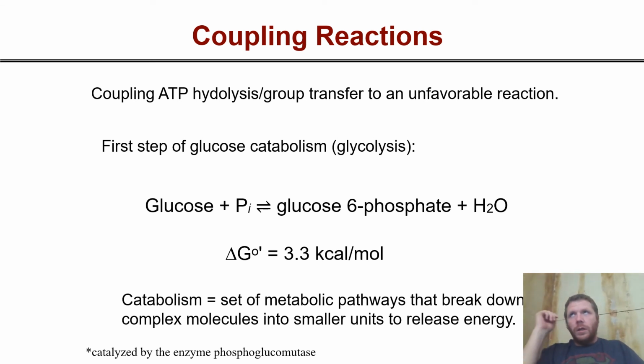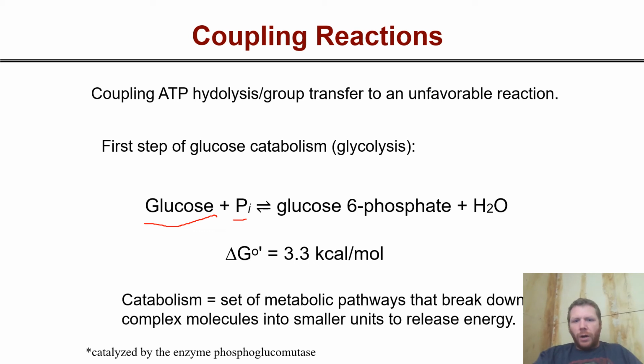What is involved in glucose catabolism, the process known as glycolysis? The first step is a transfer of inorganic phosphate onto glucose to make glucose 6-phosphate.